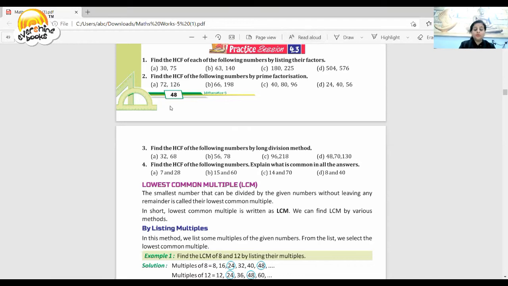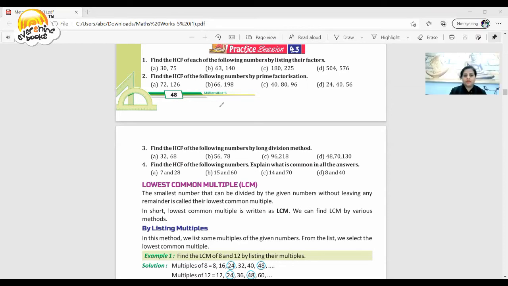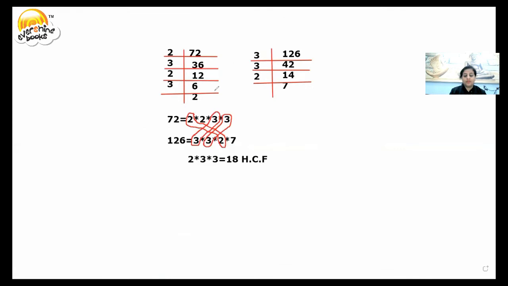Now we will do the third point, that is, find the HCF of the following numbers by the long division method. So I am going to tell you what the long division method is on my whiteboard. What you have to do is make the small number the divisor and the big number the dividend.